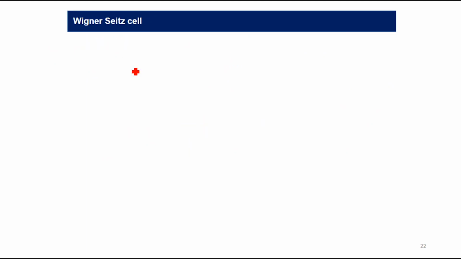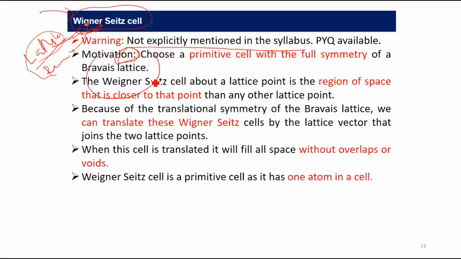Before that, you need to know the definition, for the MSc first year people. The Wigner-Seitz cell about a lattice point. Note the words: about a lattice point is a region of space that is closer to that point than any other lattice point.